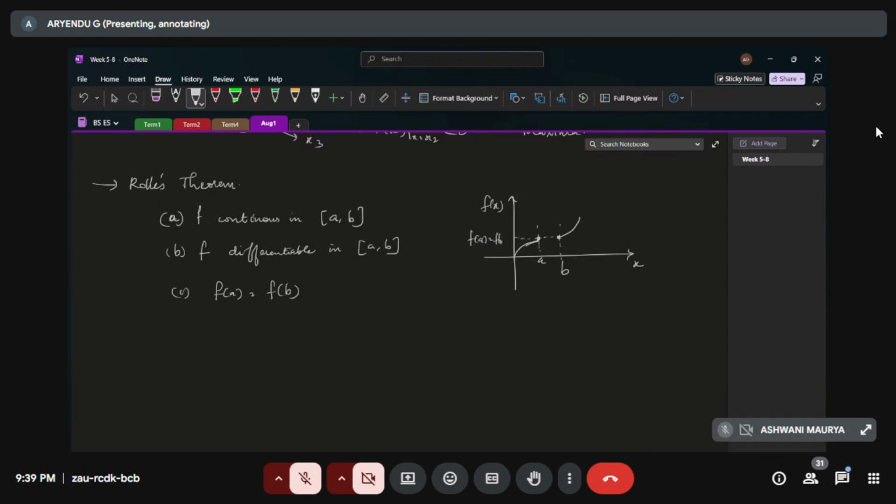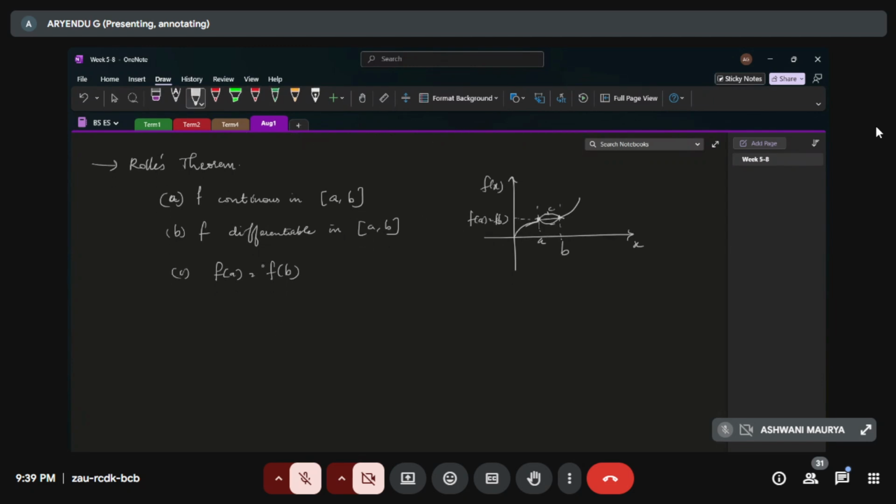So if you try to join these points, any point in between these two, there will be a point c which will have slope 0. If you join it like this, or like this, there will be at least some point, which we'll call c, which will have a slope of 0. That is what Rolle's theorem says.